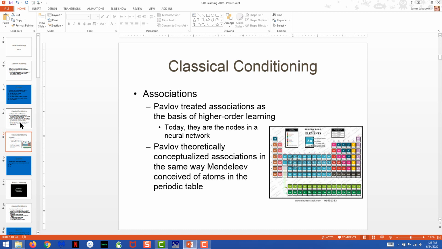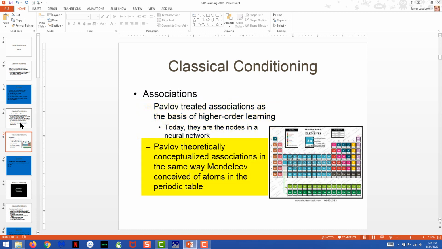As Pavlov studied the processes of learning, he began to think of the associations that subjects would make similar to mental atoms. Now, the concept of mental atoms actually has a predecessor in part of Pavlov's academic work. As Pavlov was a student at the University of St. Petersburg, which is also the same place where he's going to wind up being a professor of biology, he was taught by Dmitri Mendeleev.